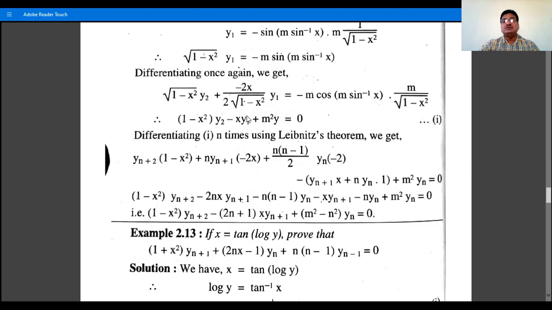Minus, again use the Leibniz theorem to find the nth order derivative of x y1.